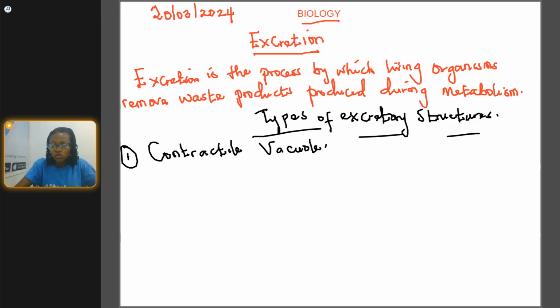I'm going to show you the structure of these organisms. This contractile vacuole, like I said earlier, is present in unicellular organisms like amoeba, the paramecium, the euglena.